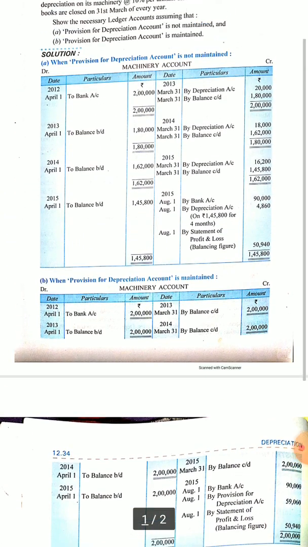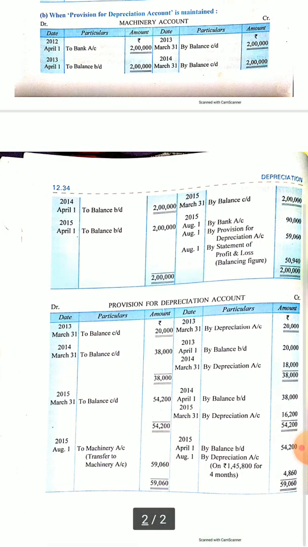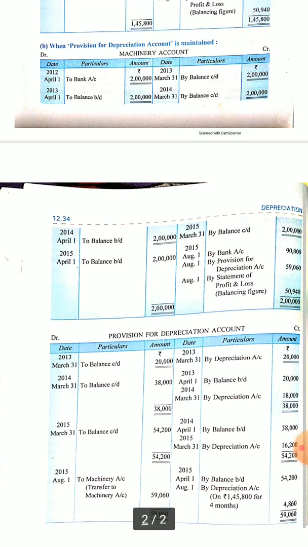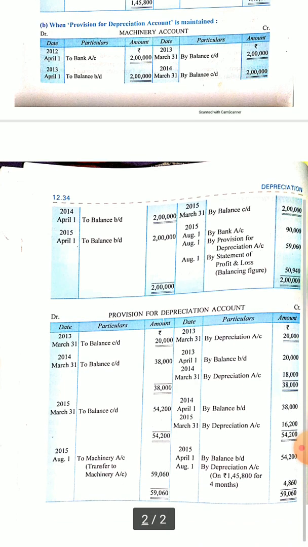Now let's see what is the entry of sale in this method. So at the time of sale, or in the year in which it is sold and on the date on which it is sold, by bank will be written with the sale proceeds amount. Then all the accumulated depreciation will be transferred at once, the entry for which will be machinery account debit to provision for depreciation account, provision for depreciation account debit to machinery.